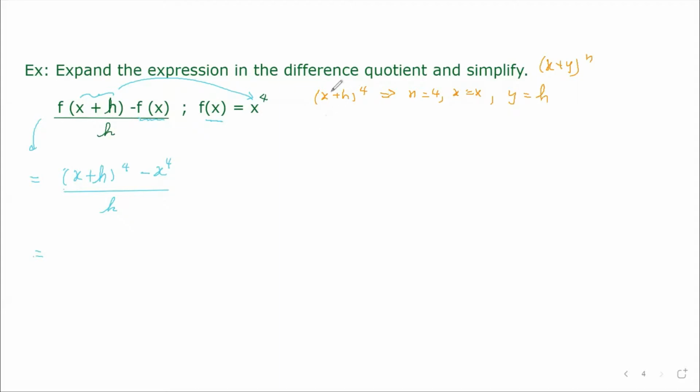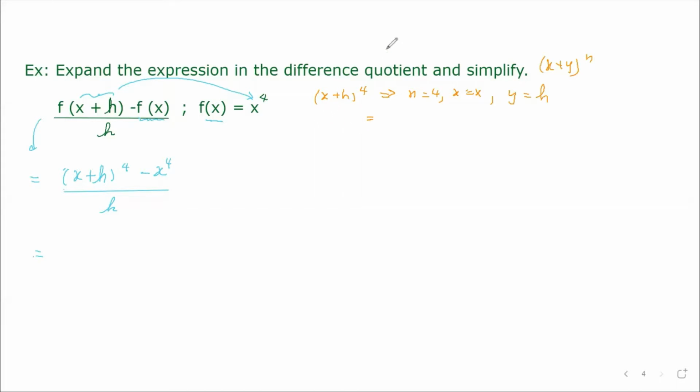We can work this one outside if you don't want to work in the quotient pattern. Otherwise, it's going to be complicated for you. So now you just expand this one. Expand x plus h, the whole thing power 4. Maybe the formula first.